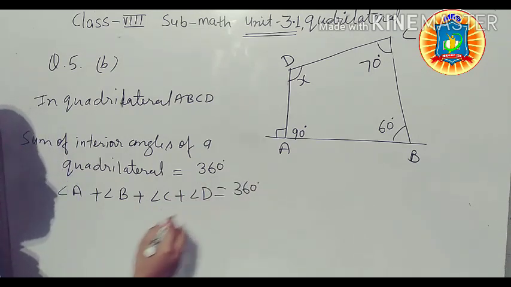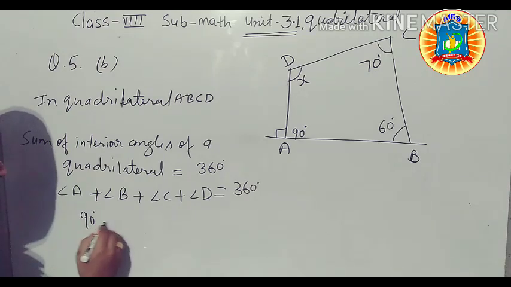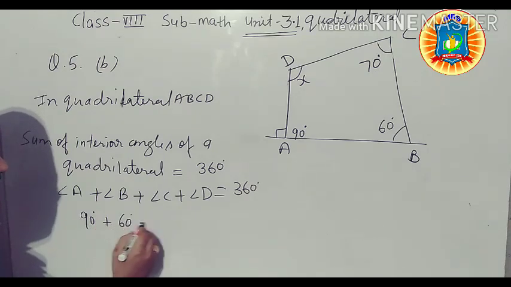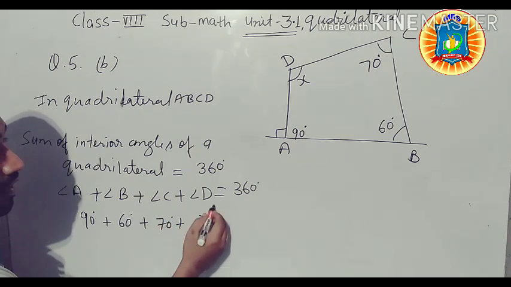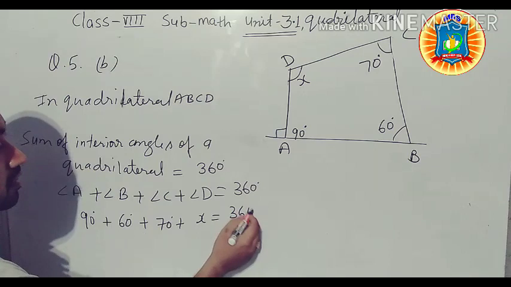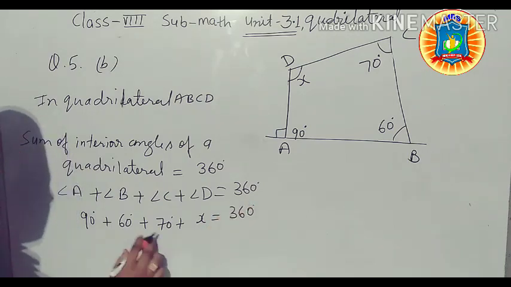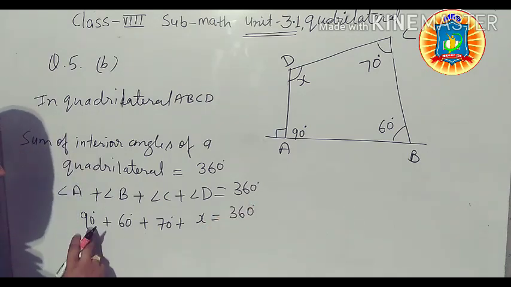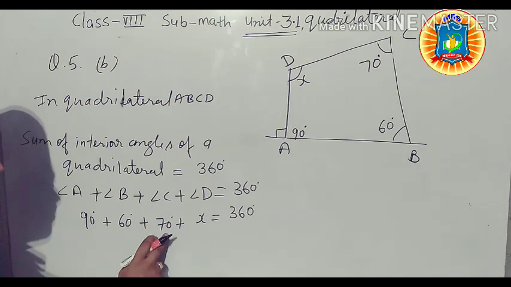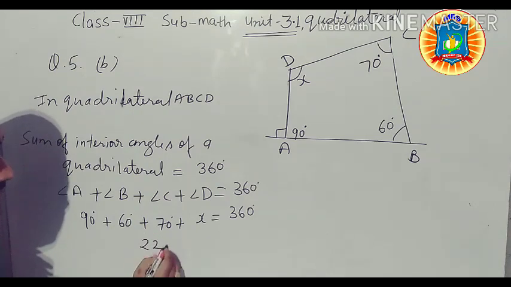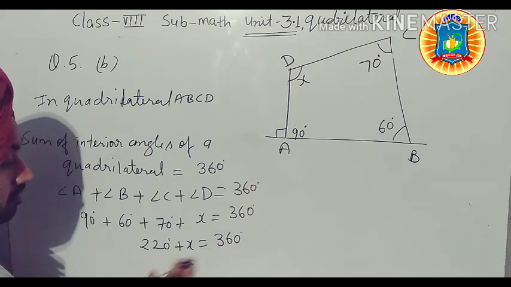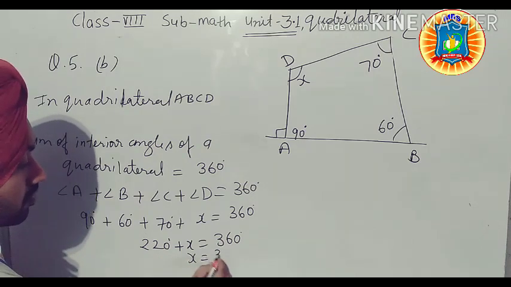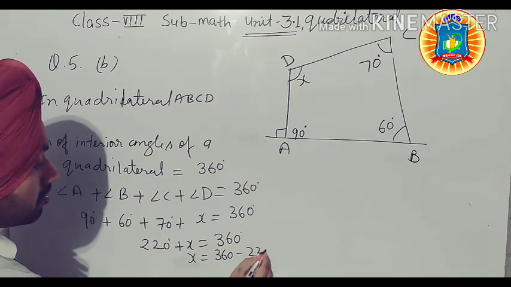Here the value of angle A is 90 degree, B is 60 degree, C is 70 degree, and angle D is x, which equals 360 degree. So first we add them. It becomes 90 plus 60 is 150, plus 70 is 220. It becomes 220 plus x is equal to 360 degree, and the value of x we get here is x equals 360 minus 220.